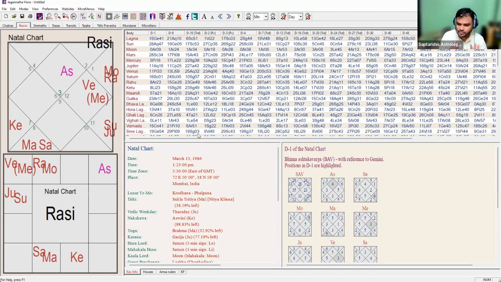So I hope this concept is clear. Krura Amsha: an afflicted planet in D1 in a Kruramsha decodes the result. Only these 3 rules are there. So now the students of Ayur Jyotish can check the charts you have submitted, whether you are finding something through Amsha.